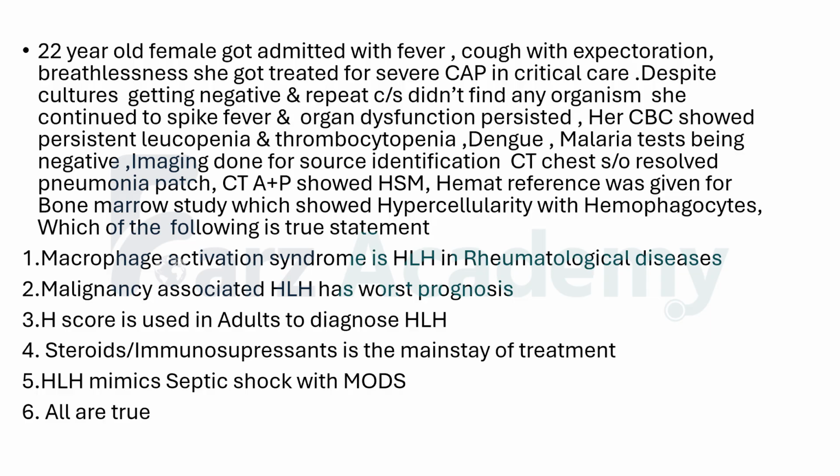Imaging was done for source identification. CT chest showed a resolving pneumonia patch as compared to the previous scan, and CT abdomen-pelvis showed hepatosplenomegaly. Hematology reference was given for her persistent bicytopenia. The hematology team did a bone marrow study, and hypercellularity with hemophagocytes was the finding.